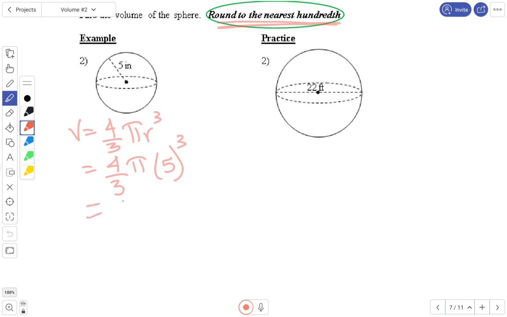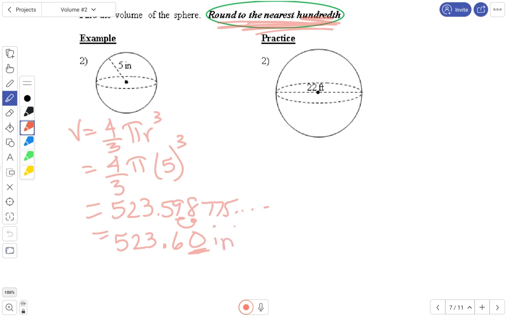And then I'm going to get 523.598775... It keeps going. It says round to the nearest hundredth. So if I look at the hundredths place and I look at the digit to the right of it, it's going to bump it up. So this is going to bump up to 523.60. And yes, this goes up to a 0. But since the directions say round to the nearest hundredth, I have to put that 0. I have to go all the way out to the hundredths place. Inches cubed.